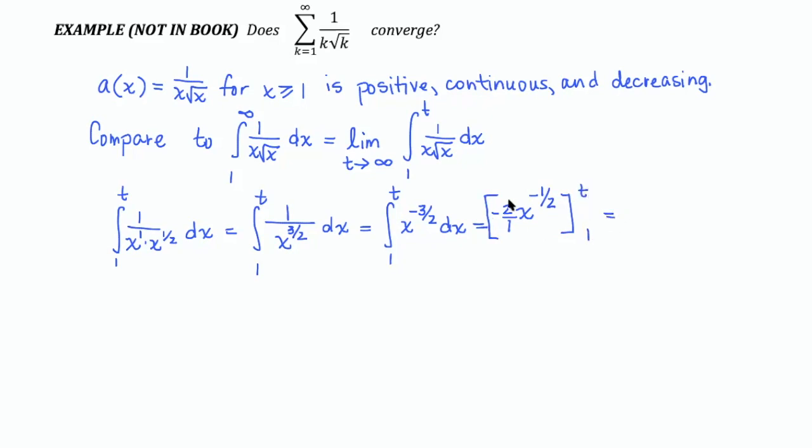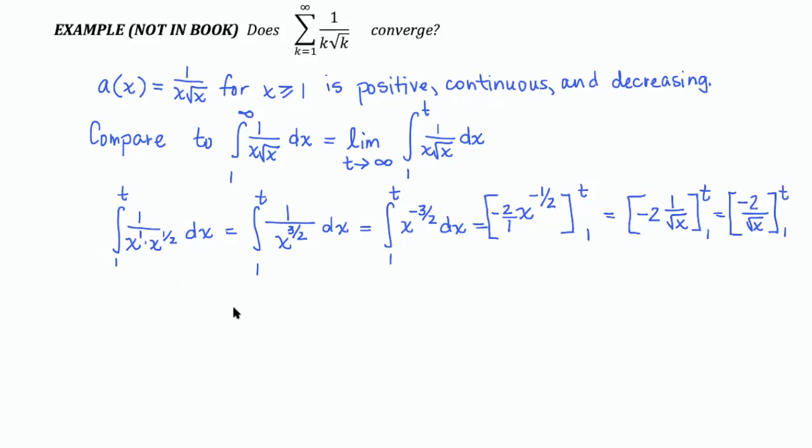And before I do that, again, I'll just make this a little nicer looking. Negative 2 over 1 reduces to negative 2, and x to the negative 1/2 power is really a square root in the bottom part of a fraction. So the simplified form of this antiderivative is that it's the same as negative 2 over square root of x.